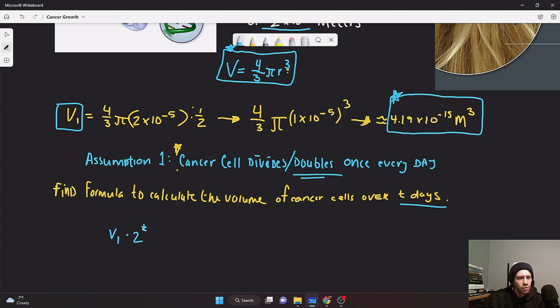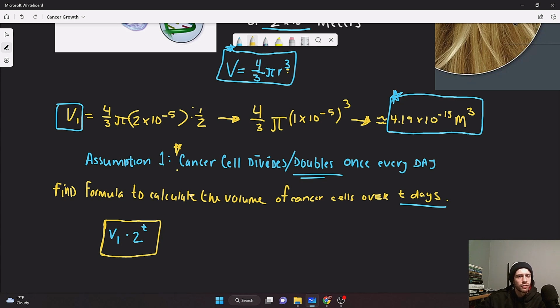If it was 3 days, it would double 3 times, and that would be 8. So we would multiply it by 8 cells. So that makes sense, I think. So this is the formula to find the volume of all cancer cells over T days.